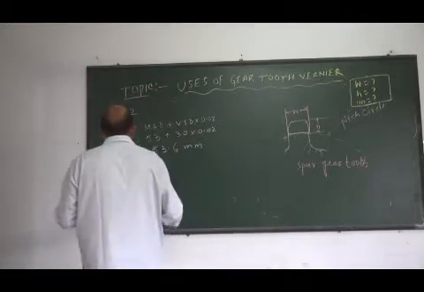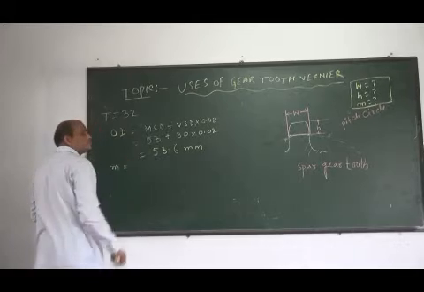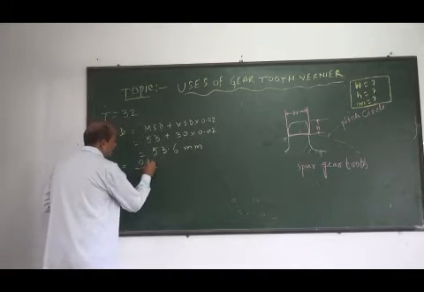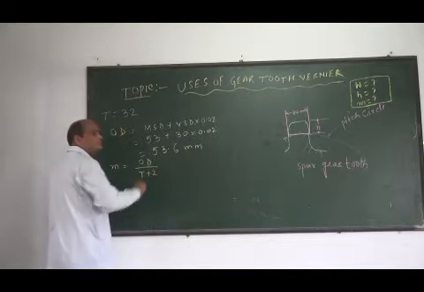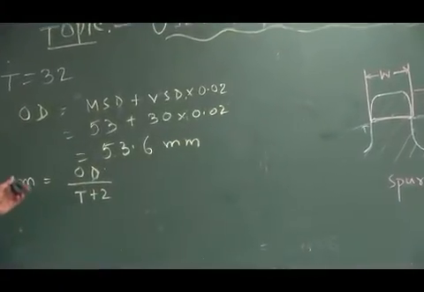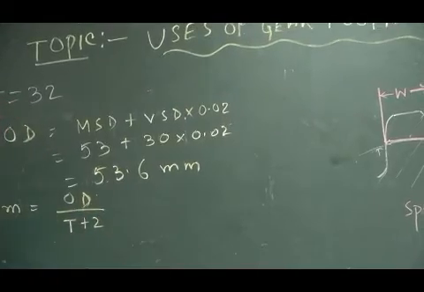So module, that is written as small m, is equal to OD by number of teeth plus 2, considering consistency between space of tooth, that is 2 is taken.